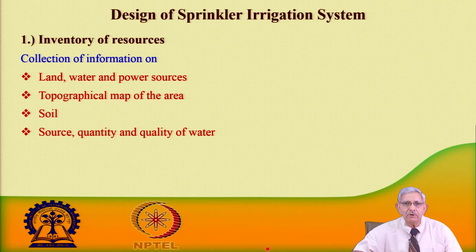We need to supply water even at the highest point, and that particular point is to be considered while we are designing the system, so that the water reaches the highest point. This elevation will be considered while laying the lateral system. This will help in designing the system. So, a topography map of the area is one of the important components.